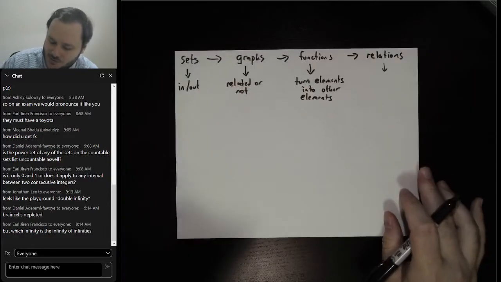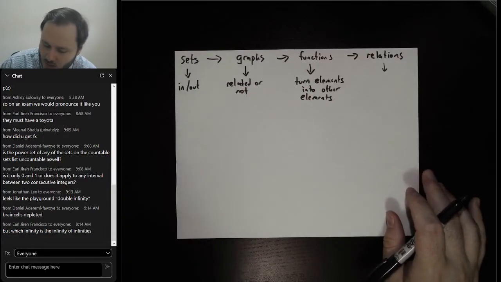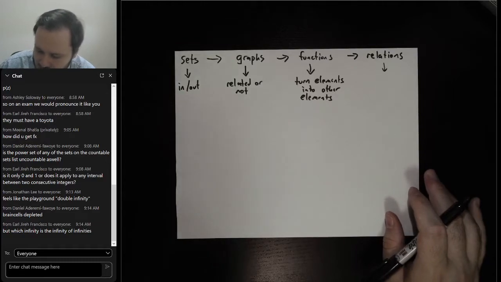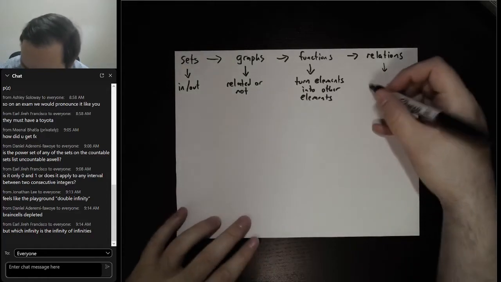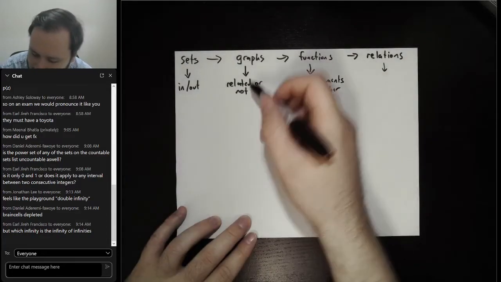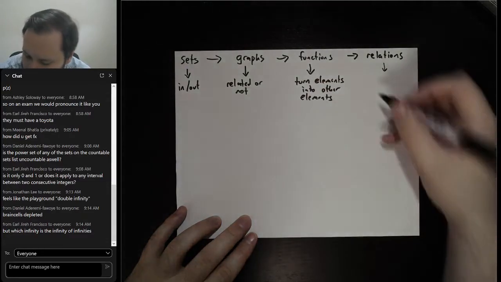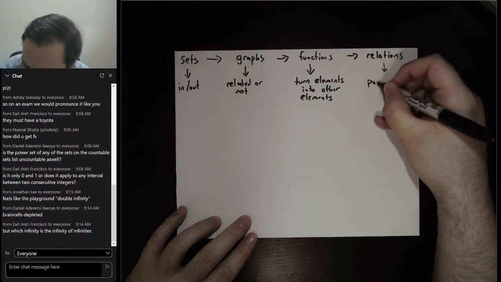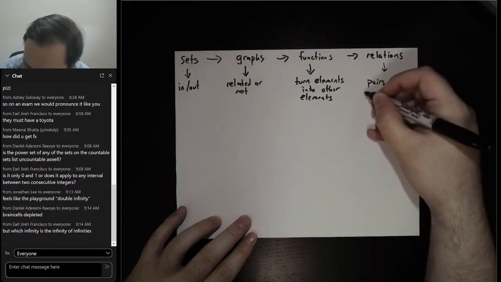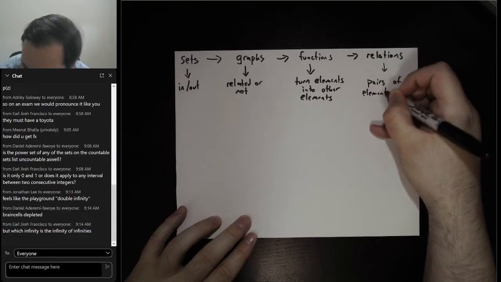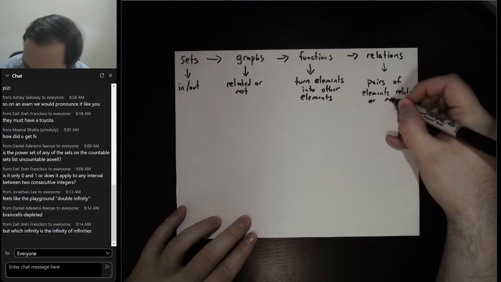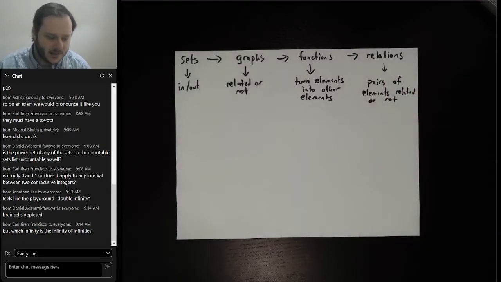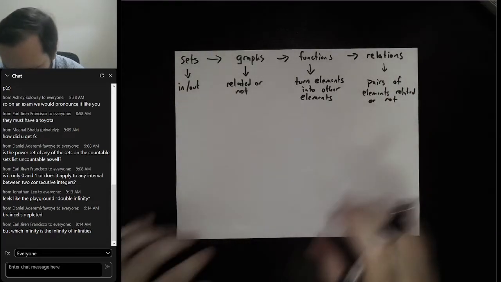And so relations are whether pairs of elements are related or not. So it's sort of whether relations are related or not, but pairs of elements related or not. So let me be more precise.